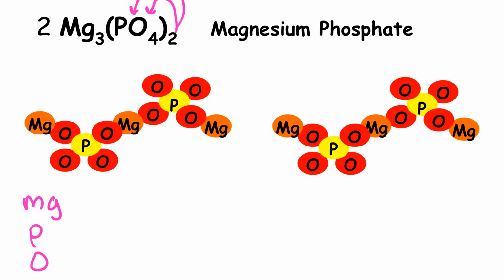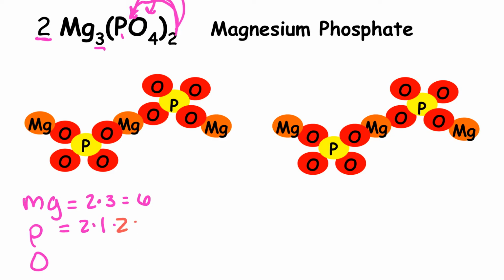So when we're counting the atoms, for magnesium, we have this 3 and the 2, so we have 2 times 3 equals 6. But for phosphorus, we have to first distribute this 2, and since there's no subscript here, it's just times 1, so 2 times 1, but then we have this 2 coefficient in front.